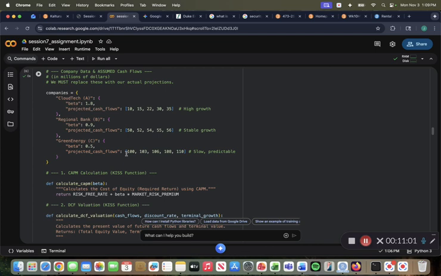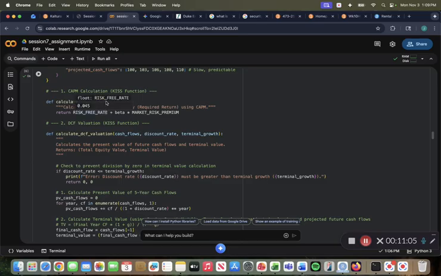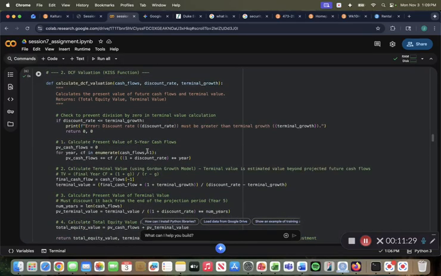Just to highlight what this code does for now, we have these CAPM calculations here in these functions. To calculate CAPM here, and then the calculate DCF valuation, which is our intrinsic value, using the terminal value that we had to return the total equity value and the terminal value, in calculating the present value of our future cash flows, which will be our intrinsic value.